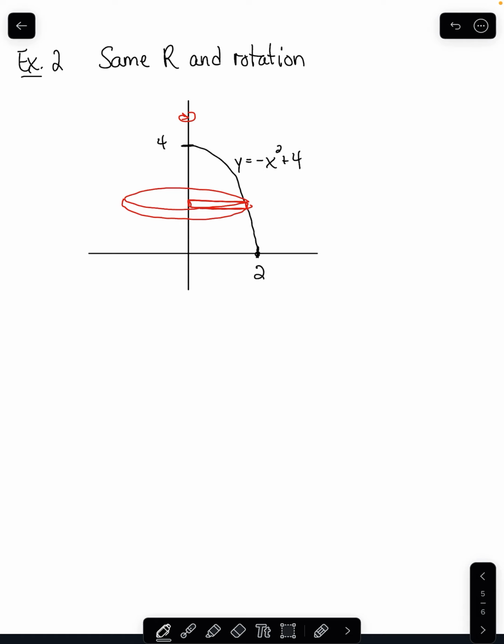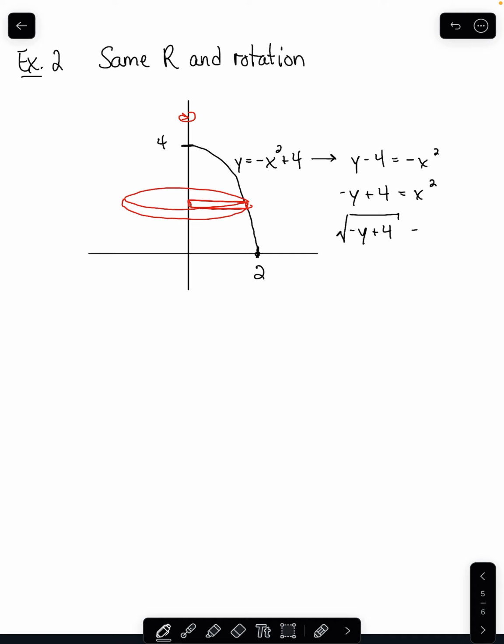In order to put this in terms of y, we need to solve the parabolic equation for x in terms of y. So we have y minus 4 is equal to negative x squared, or negative y plus 4 is equal to x squared, and then a square root of both sides.